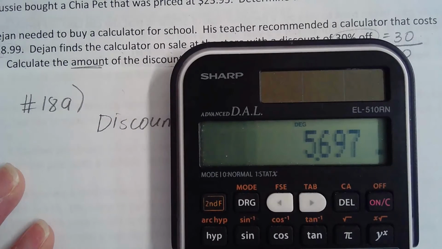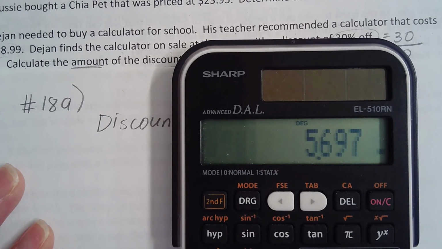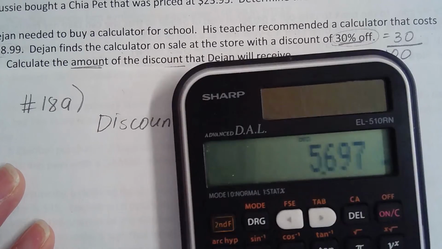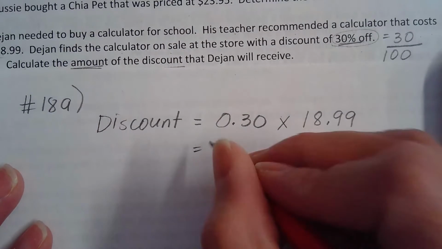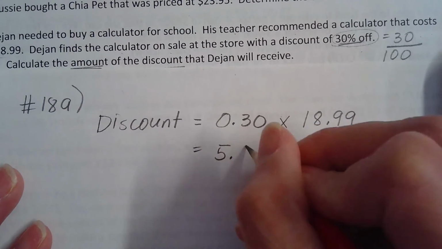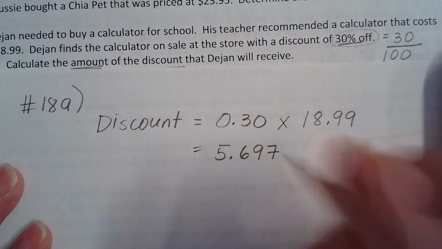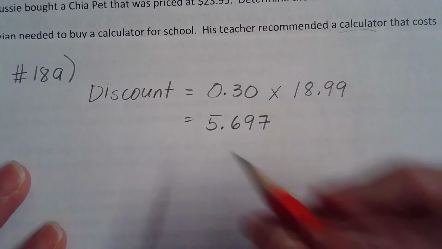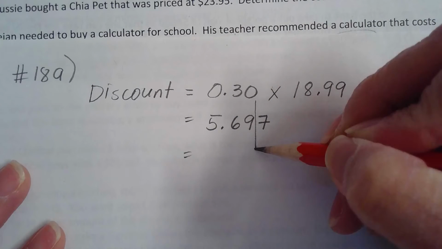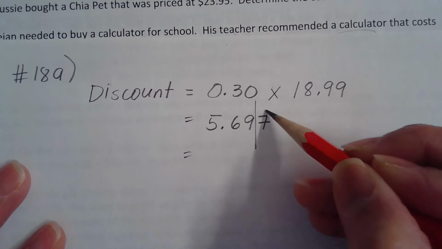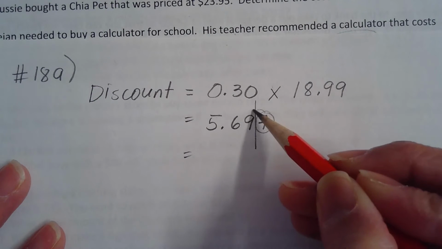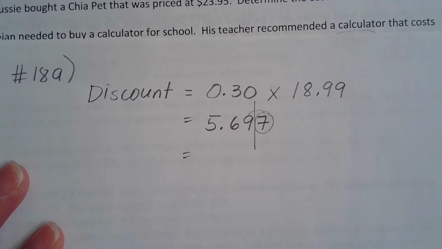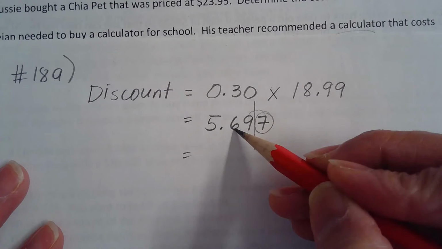This is what I got. We're rounding it off to 2 decimal places, nearest hundredth this time. So 5.697. Rounding it off to 2 decimal places, so cutting off to 2 decimal places, we see 7 here. That means the 9 would be rounded up to 10, and then the 10 will round up the 6 to 7.